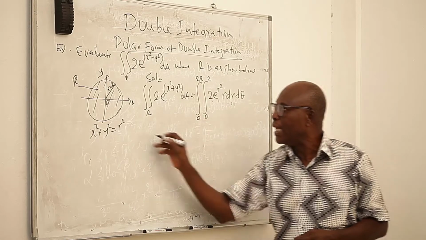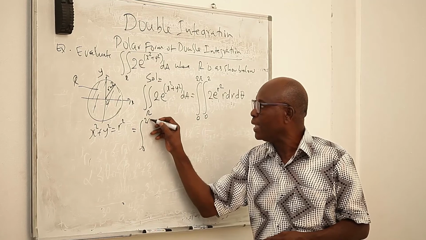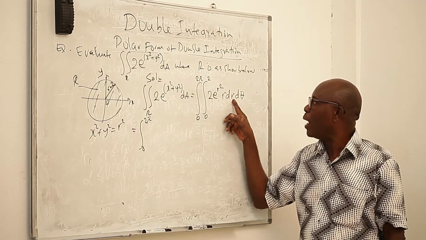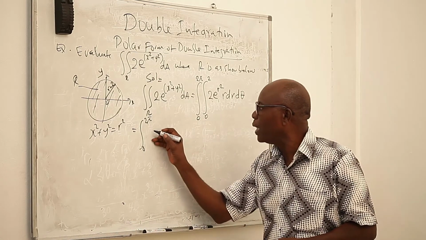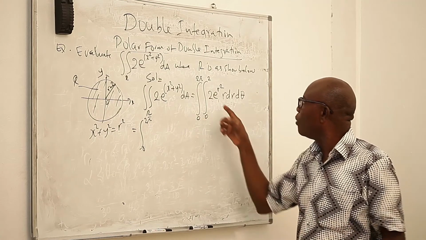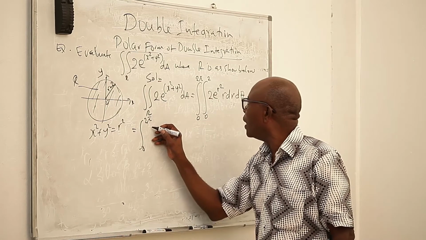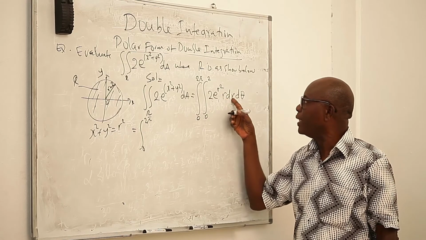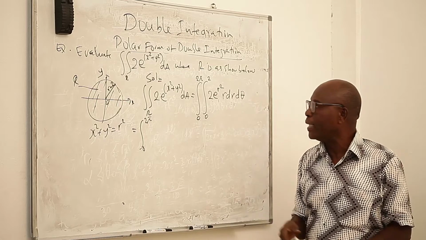Now we can integrate. If we integrate the inner part, we are integrating with respect to r, so we're going to integrate 2 exponential r squared times r dr. To integrate this, we use the substitution method.